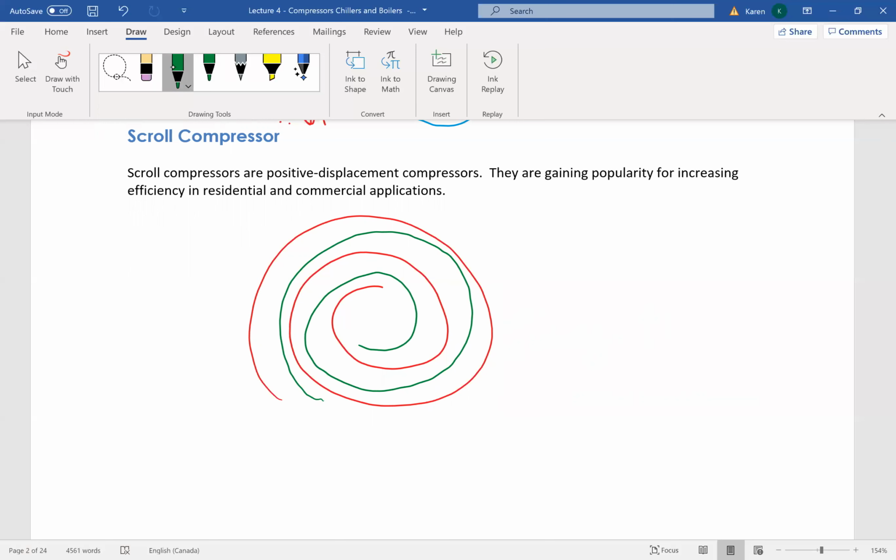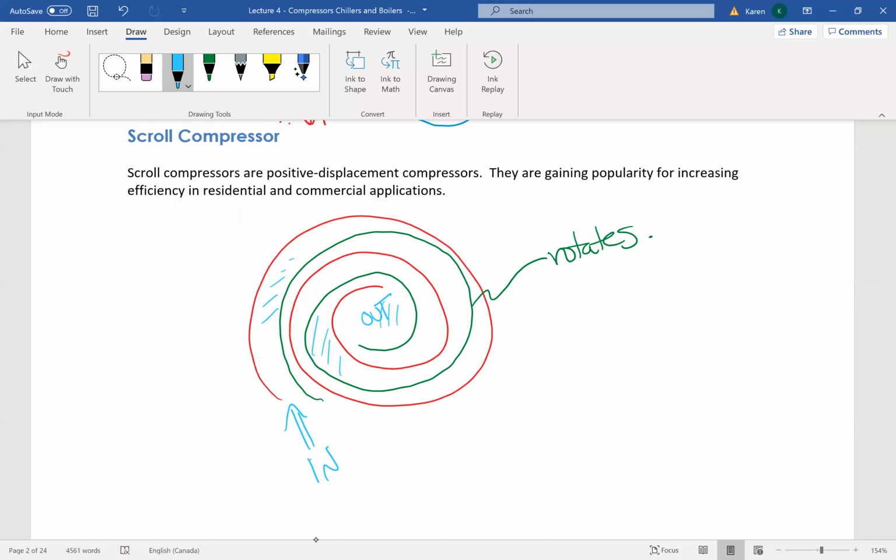And flow comes in, and then as the green one rotates, that pocket of fluid is going to go, it's here, and then it gets compressed here and compressed in here. Basically, it travels through as one of these is rotating, and then the outlet is in the center along the axis. So that's kind of neat.